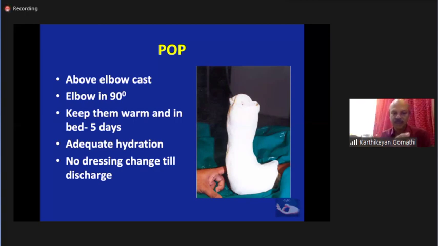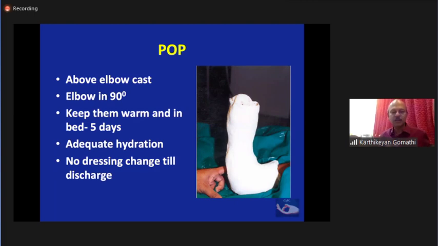Above-elbow cast with the elbow at 90 degrees, forearm in mid prone position, and fingers in a comfortable position so that we can keep monitoring the tips of the fingers. At the same time, it is very difficult when you give a 90-degree elbow cast to put the hand down. So they always keep it elevated. It's a very comfortable position also. The edema will also come down.